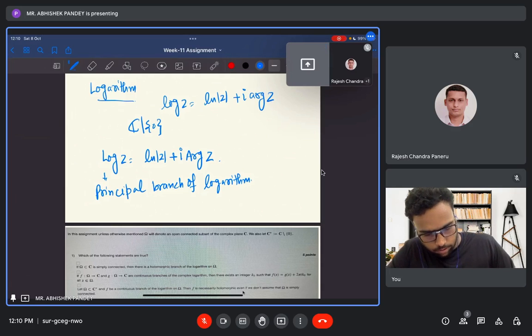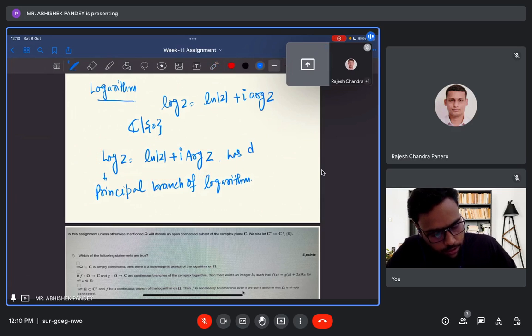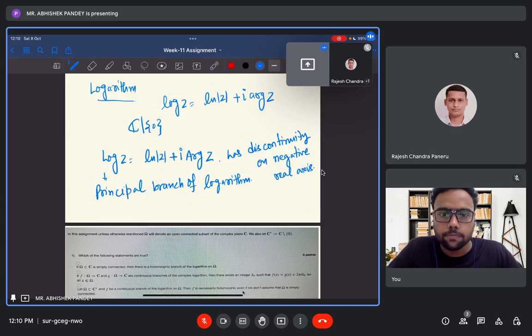So like this one, this log z has a discontinuity on the negative real axis. Is it clear to you? So this is the way we define the branch of the logarithm.